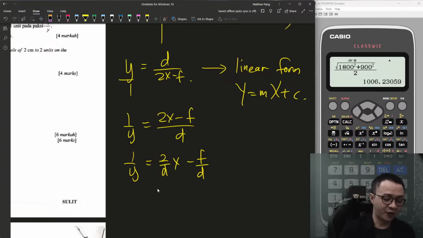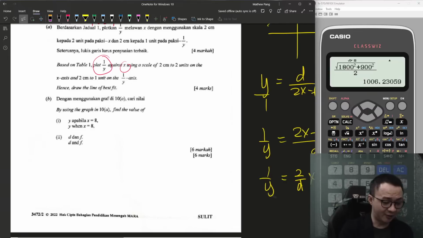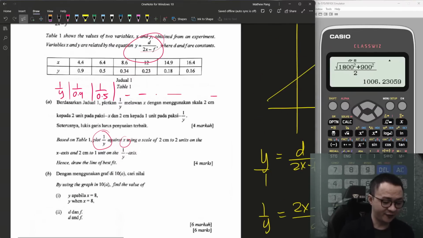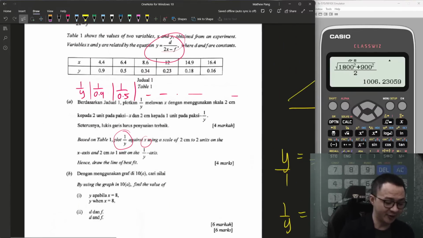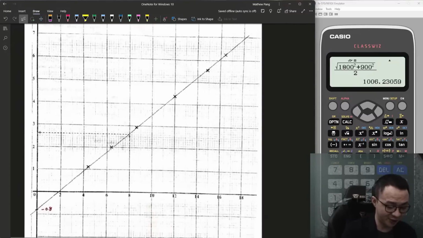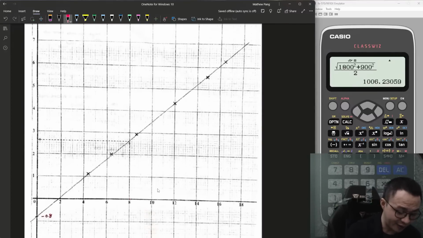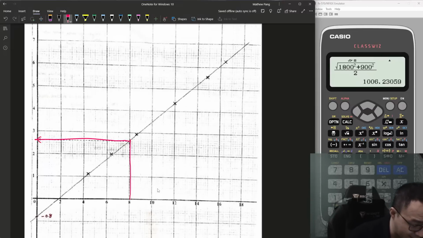So from here, if the question asks, okay, what happened when x equals 8? Then you just find x equals 8 from the table. But here I can show you using this one. When x equals 8, you just find the x here, then you read from here. Maybe they get about 2.6.